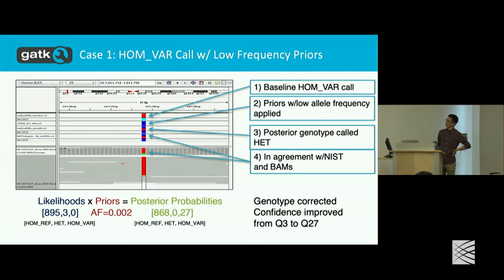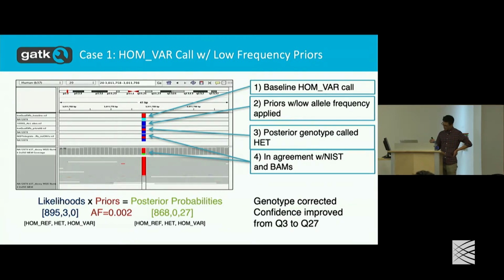So here is an example of a genotype. Here we have data with some evidence for the alternate allele, but not all of the reads are the alternate allele. The alternate allele here is the red. Gray means matches reference, so that's the baseline.